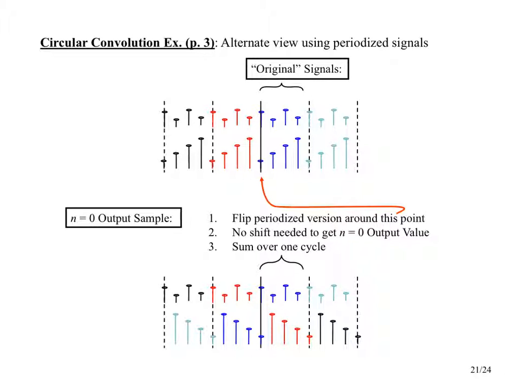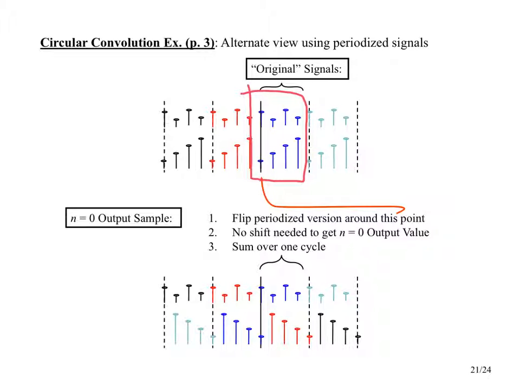So here's what we're going to do. Here are our original signals. Remember, all this circular convolution deals with finite chunks of signals. So we're going to stick with our n equal to 4. So there are our 4 original samples, same as our original example.